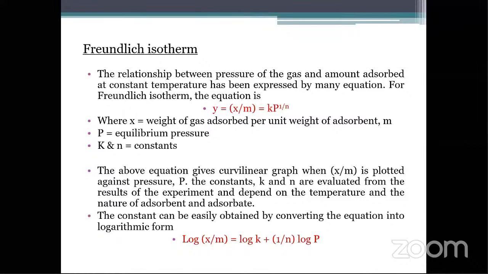for calculation of this x/m, you have to draw one plot. How? By taking x/m against pressure P, and constants k and n can be calculated from that curve. How?